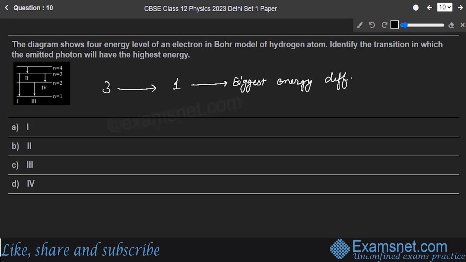The first jump would be the one that releases the most energy and emits a photon with the maximum energy. So this is option A, because this is the one which is emitting the most energy. You can easily see it from the figure itself. Hope you got that.